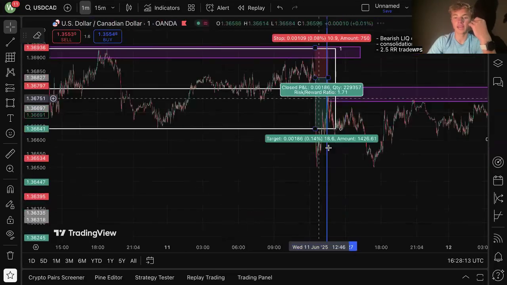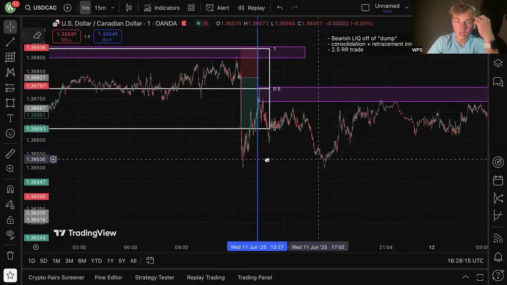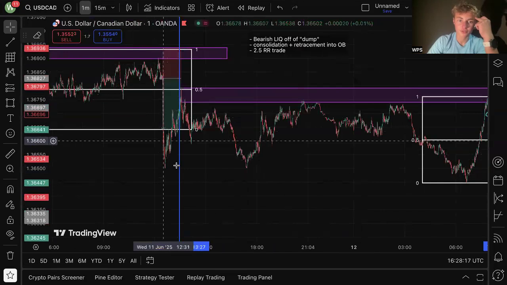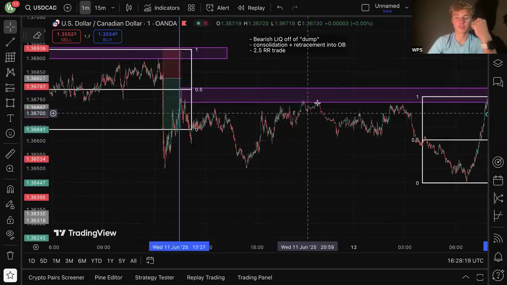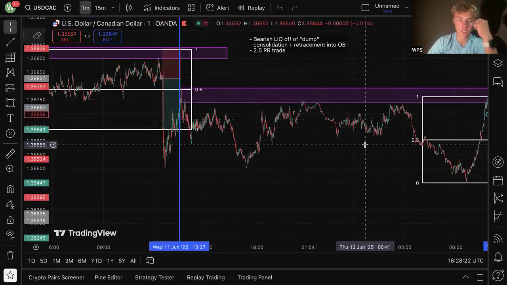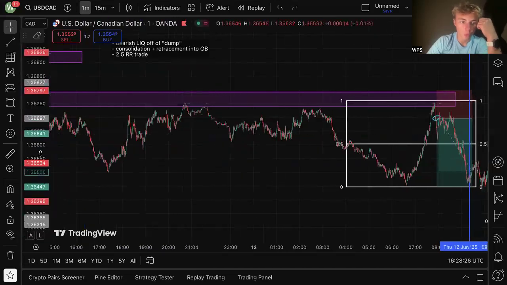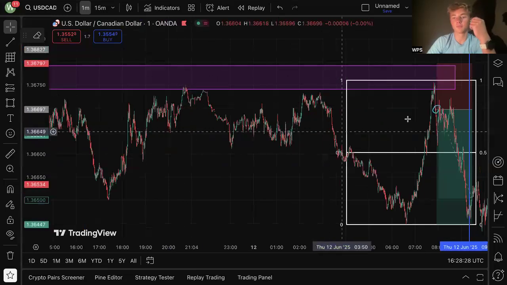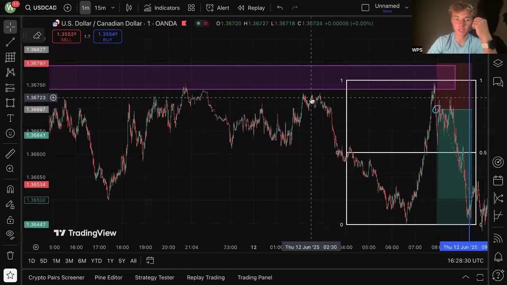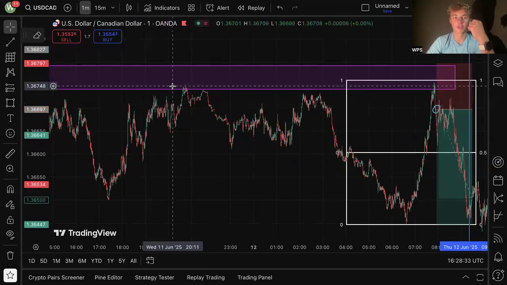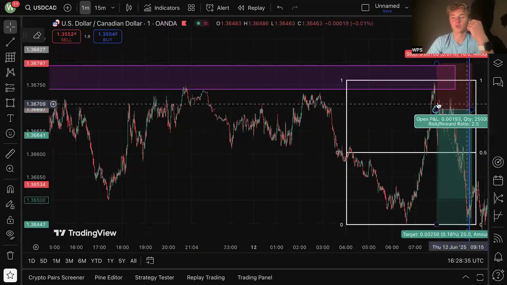Immediately after the dump, price retraces back up and stays within this area of consolidation. As soon as price retraces into this area, although I put it over here as a break of structure, really I'd just look for a break of structure either here, here, or here.